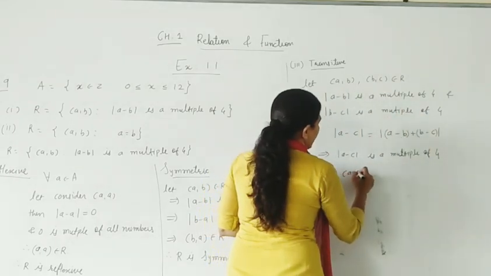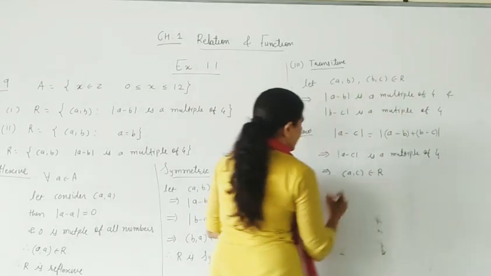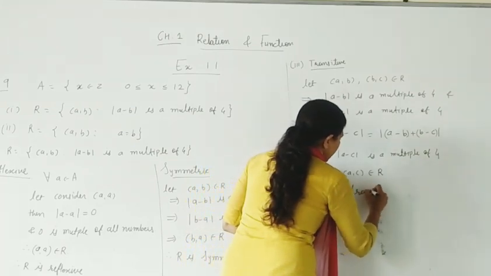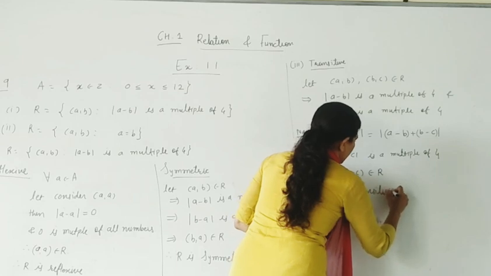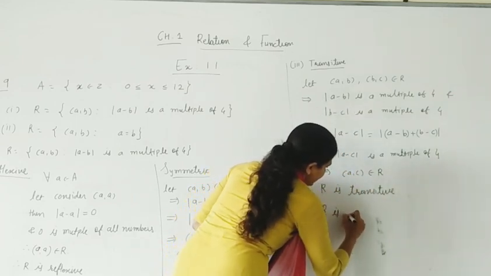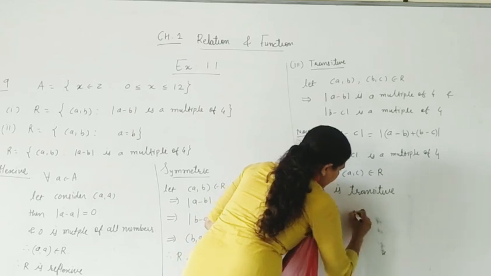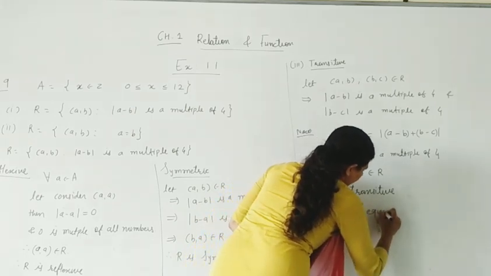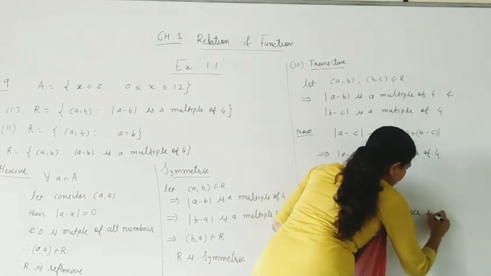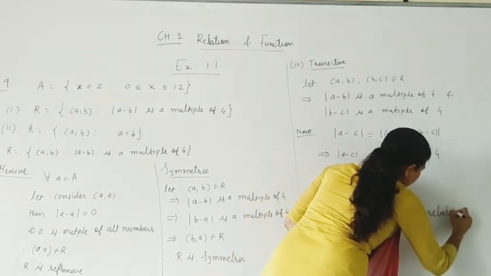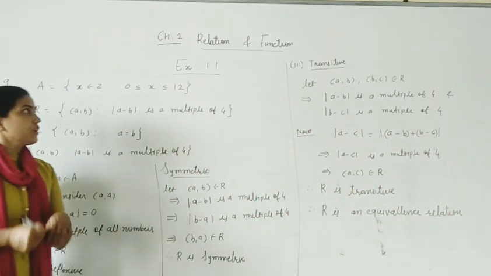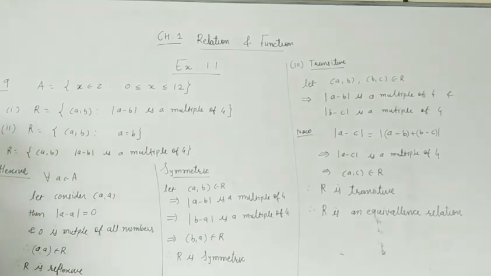That will give that (a, c) belongs to R. Therefore, R is transitive, and therefore, R is an equivalence relation.